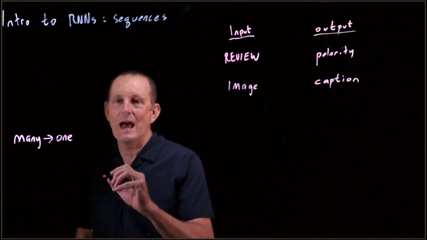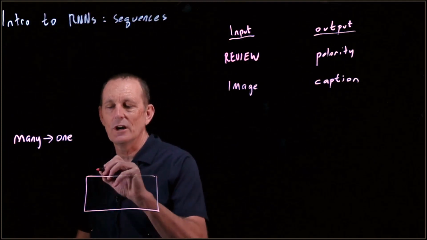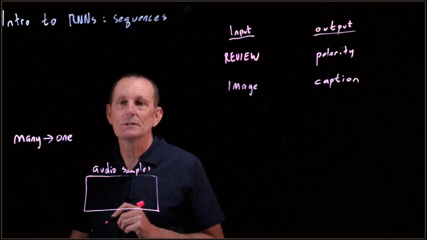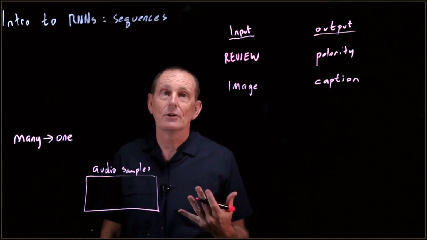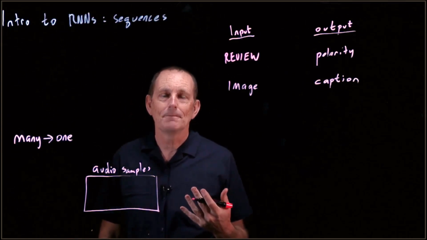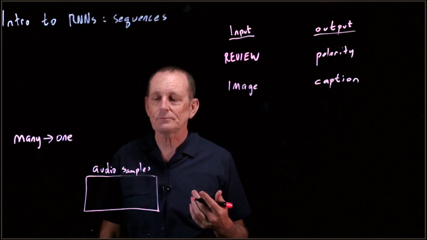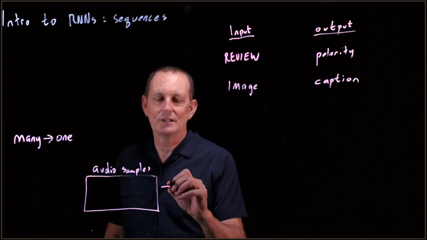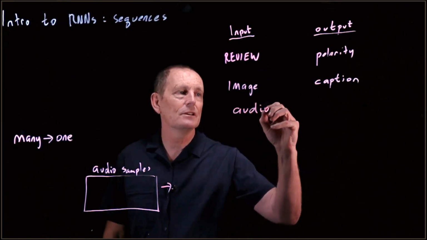Let's say we have an input, which is audio samples. So this might be raw waveforms, or there could be some preliminary computation done on it, like let's say a fast Fourier transform. And as far as our output, so audio as input.